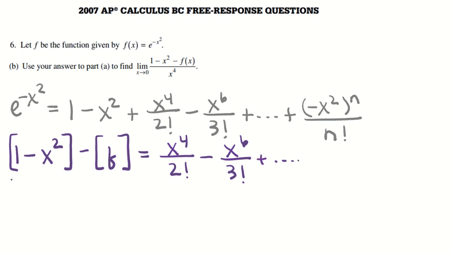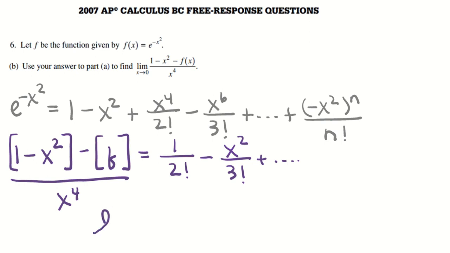Because when I divide this by x to the 4, each term will get divided by x to the 4. We've done this type of thing. So I know that I'm going to divide this by x to the 4 and I'm going to get 1 over 2 factorial. I'm going to divide x to the 6 by x to the 4 and I'm going to get x squared. I know that the rest of the terms are going to have even higher powers of x than x to the 6, so that when I divide them by x to the 4, I've got more than 2 powers of x, which is to say that when I plug in 0, I'm going to get a bunch of zeros.